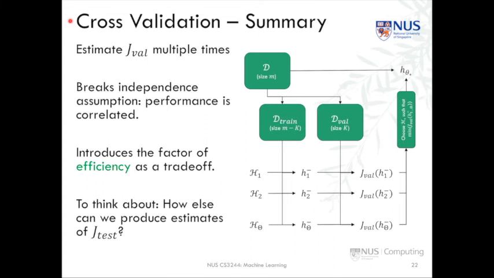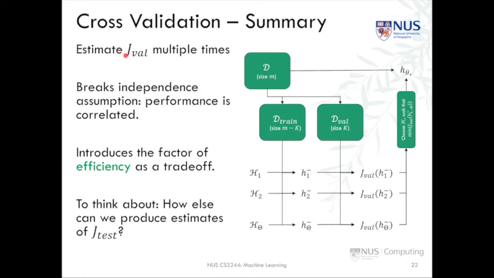In summary, now let's talk about cross-validation as based on validation, the key ingredient that we use to combat overfitting. The idea is that in validation, we try our best to estimate the validation error.